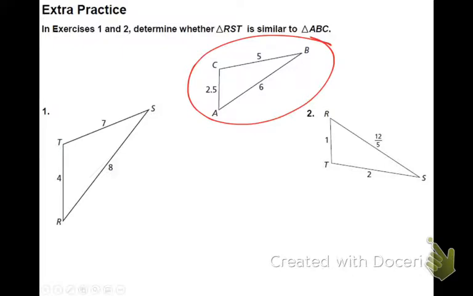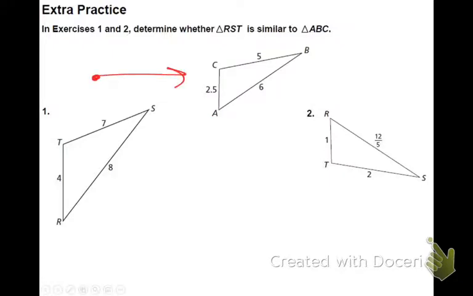Then we clear our minds and decide if this triangle is similar to this triangle. One at a time, we're figuring out if these are similar. We're doing the same exact thing we just did. So pick a side. We're going to find the scale factor from this triangle to that one. TS, which is 7, times the scale factor.